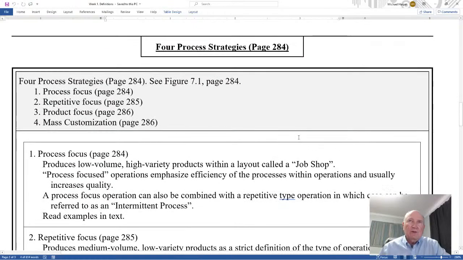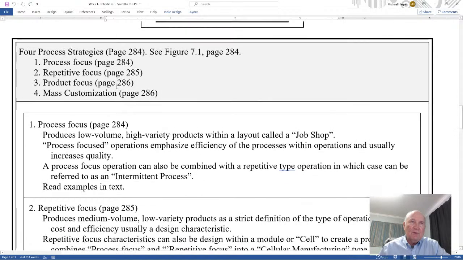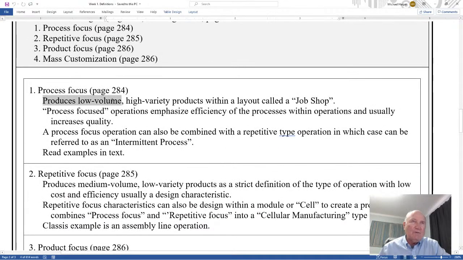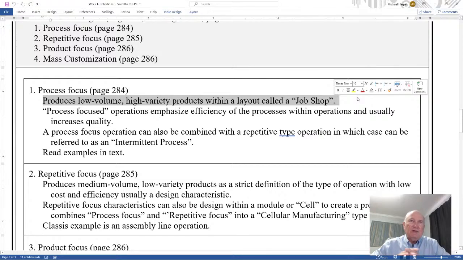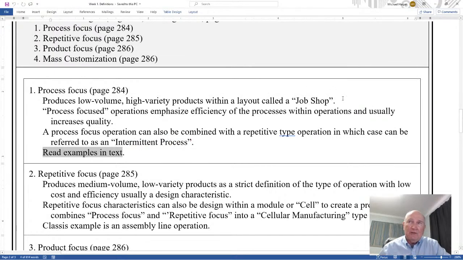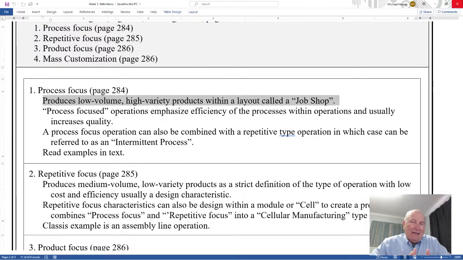So first of all, here are the 4 process strategies. First one, the process focused. A process focus produces low volume, high variety products within a layout called a job shop. When you think of a job shop, you can read the examples in the text, but you can think of a mechanic pulling a car into the bay and just fixing it.